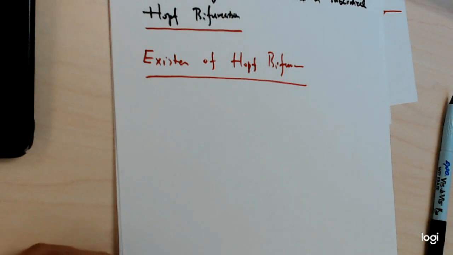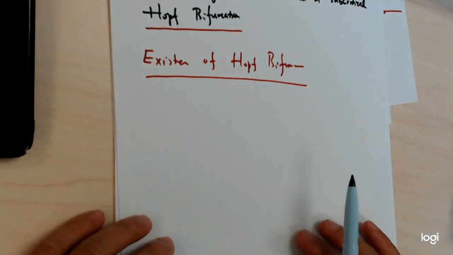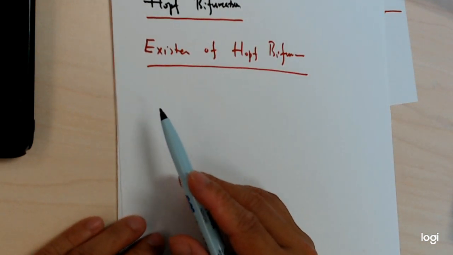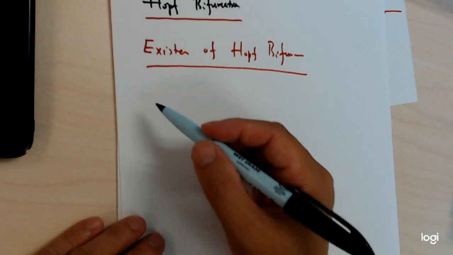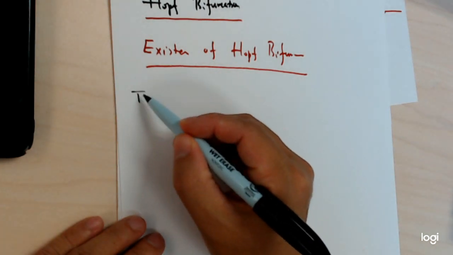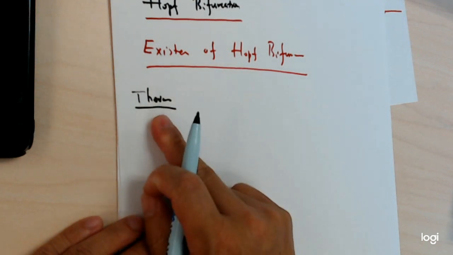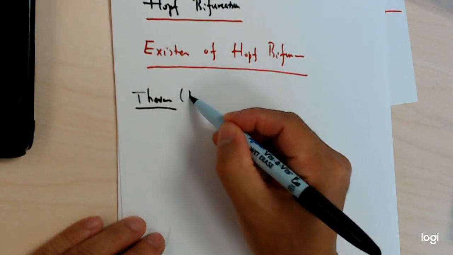When some of you get to graduate school, hopefully you will learn this again and take a detailed look at how we prove it. So this will be the last part of our class, and we put this into a theorem. This is a general theorem on the existence of Hopf bifurcation.